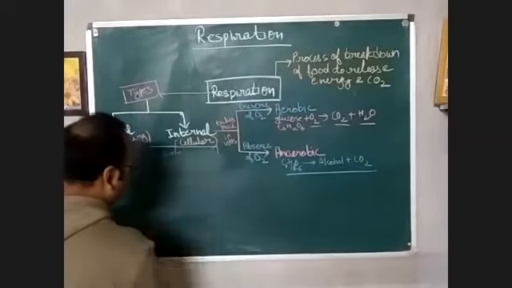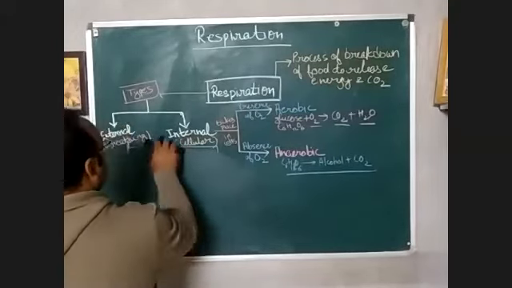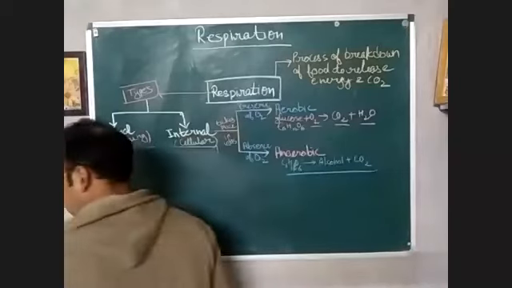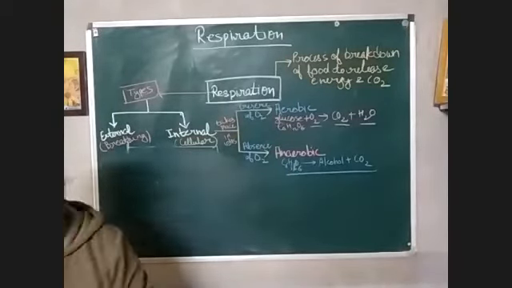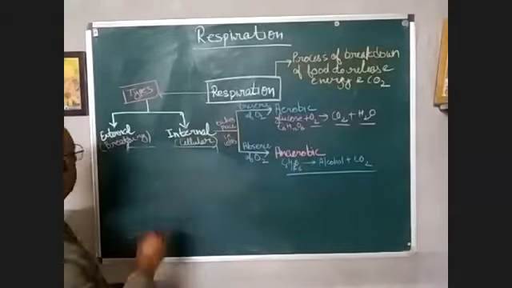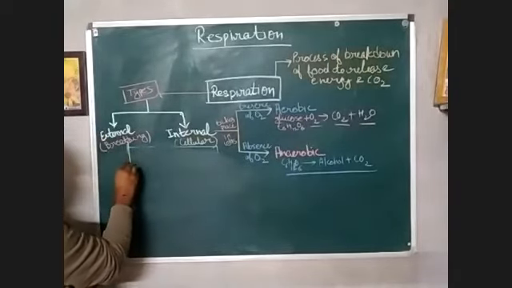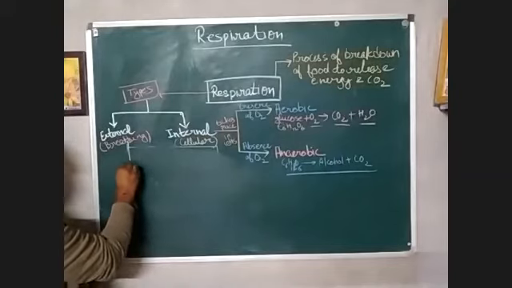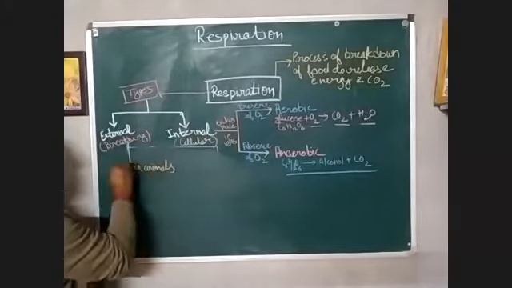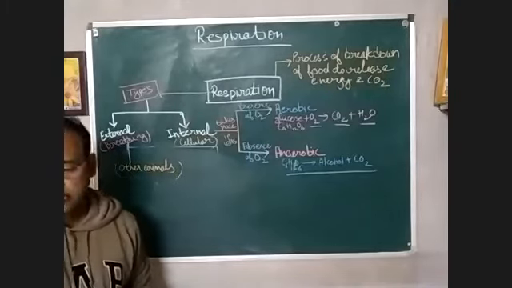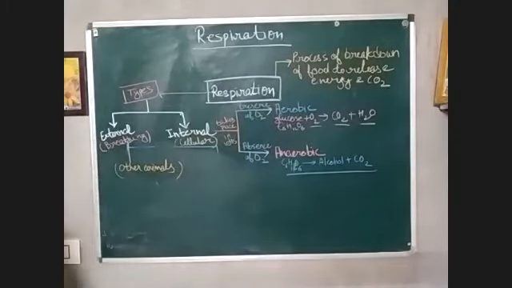About humans, we have discussed already. Now, there are some animals given in the book, so we will talk about those only. We are discussing other animals, not humans. Humans we have already discussed.